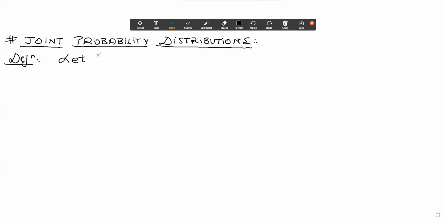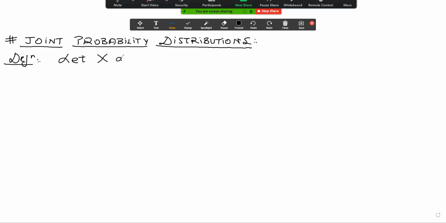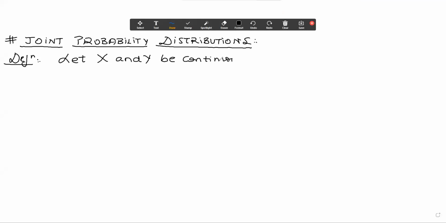Let capital X and capital Y be continuous random variables.